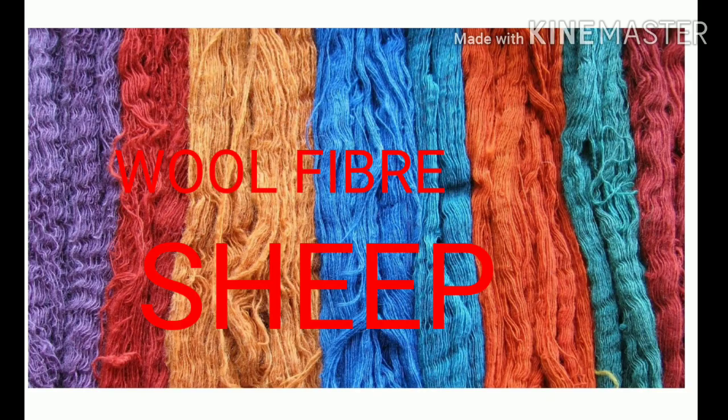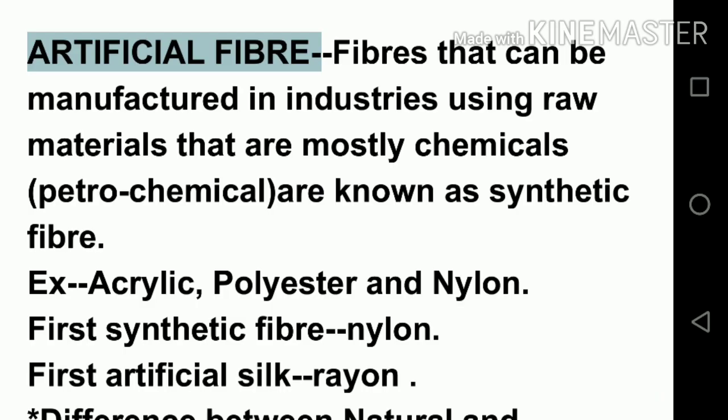Now, what are artificial fibers? Artificial fibers are manufactured in industries using raw materials that are mostly chemicals, called petrochemicals. They are basically hydrocarbons. They are also called synthetic fiber or man-made fiber.